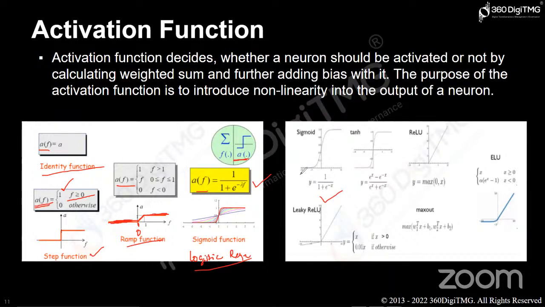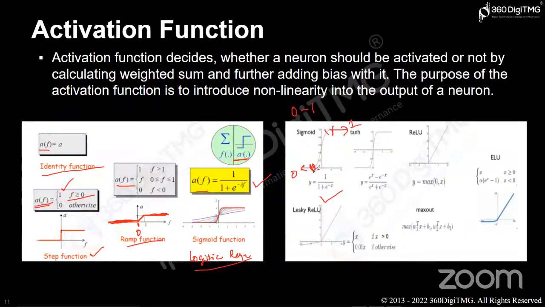So the sigmoid function gives a value like this. It ranges from 0 to 1. From this point to this point, it gives a value between 0 and 1. Beyond this it gives 1 only, and from this point onwards it gives 0 only.